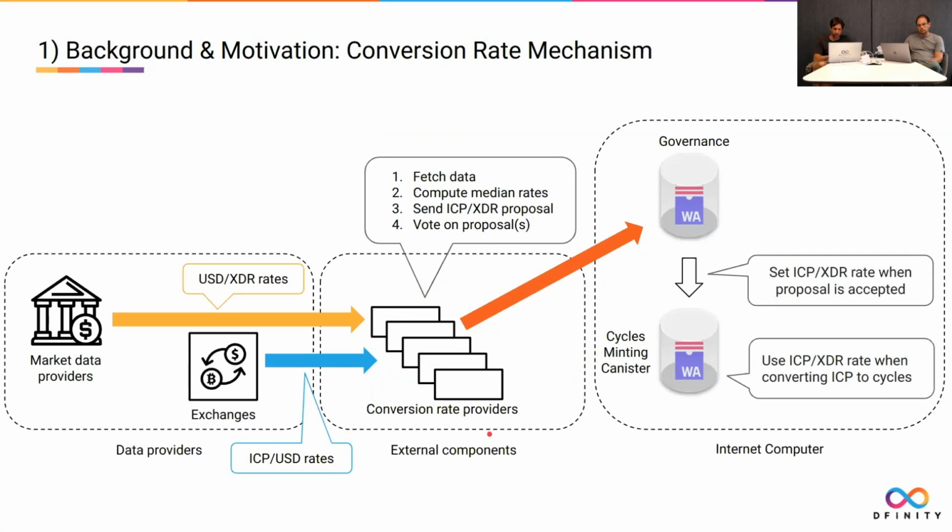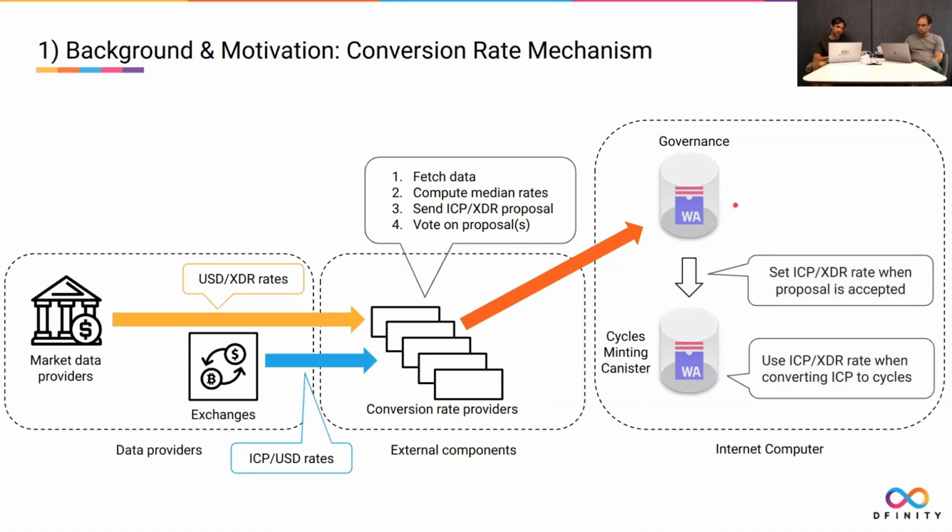We have what we call conversion rate providers. Those are just processes running in different data centers. We host them. They fetch data from these providers and exchanges periodically. They compute median rates over all the data that they collect to make sure we get rid of outliers, and create ICP XDR exchange rate proposals and send them off to the governance canister.